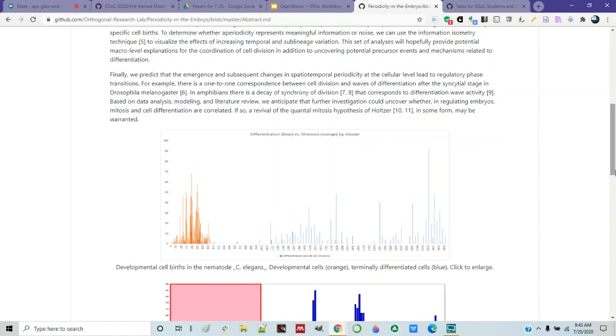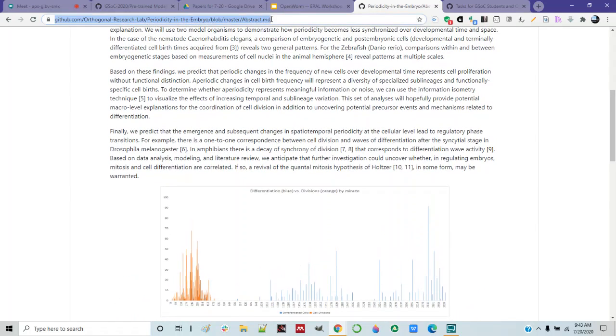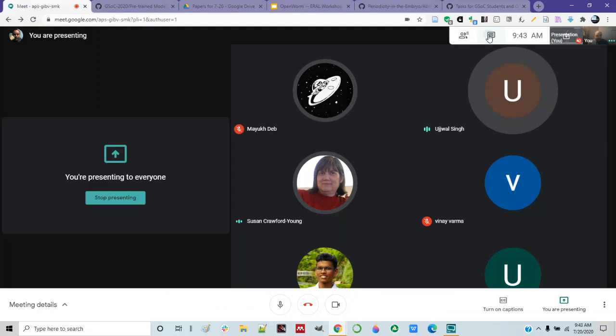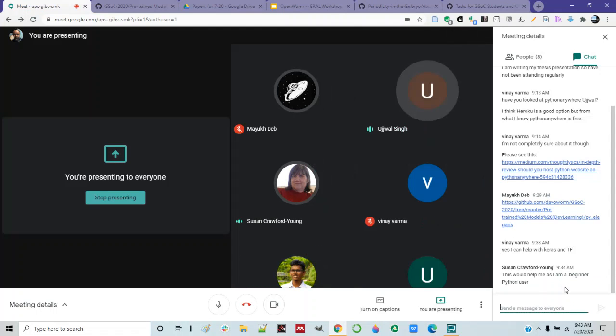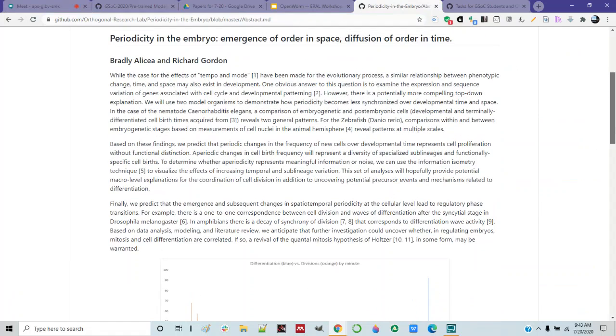If you read the extended abstract, why don't I put it in the chat so people can read it. You can tell me if you're interested or if you have ideas for contributing to this or not.